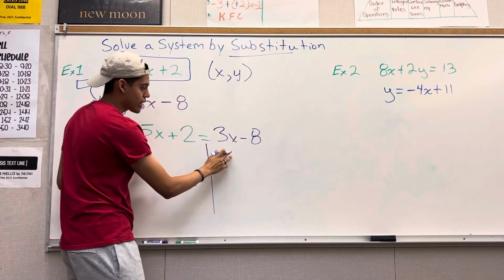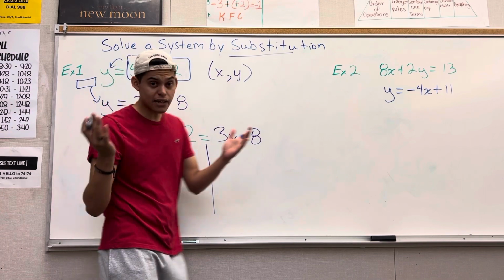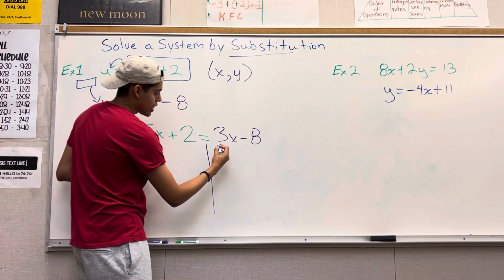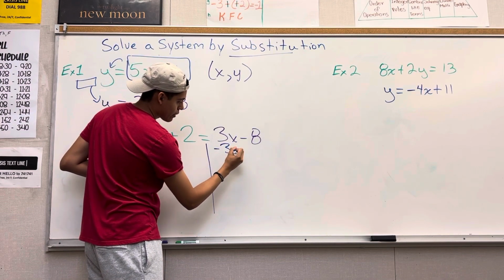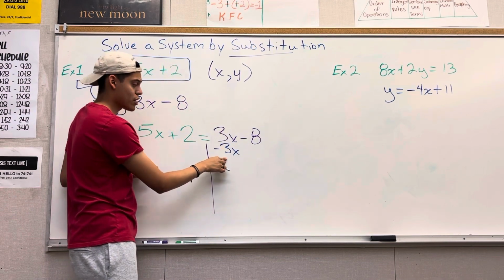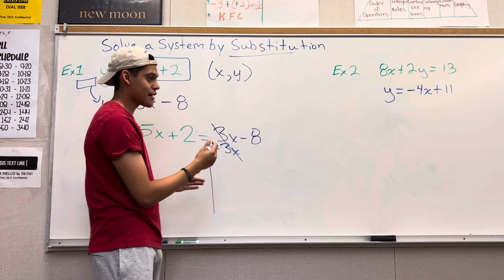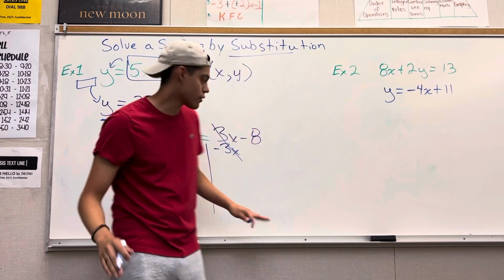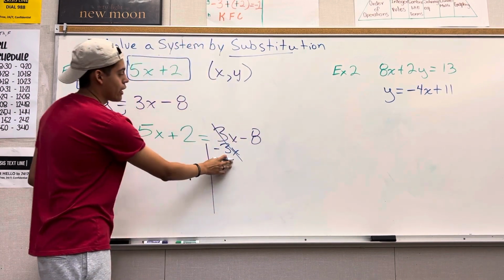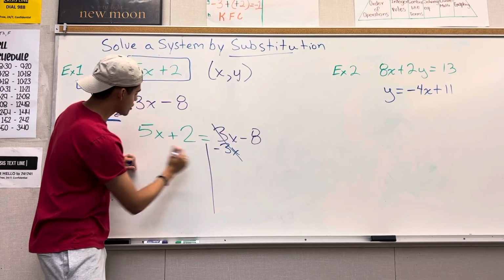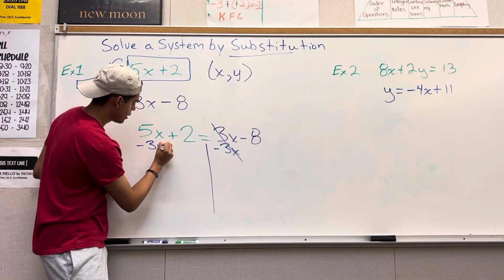We have this 3x right here. To get rid of it, think of it as a scale, you want the scale to be balanced. So you take away this 3x, because we're subtracting it by itself, it goes away, because anything subtracting itself is always going to be 0. And whatever you do to one side, you got to do to the other side. So that's why this minus 3x, we also do to this side.